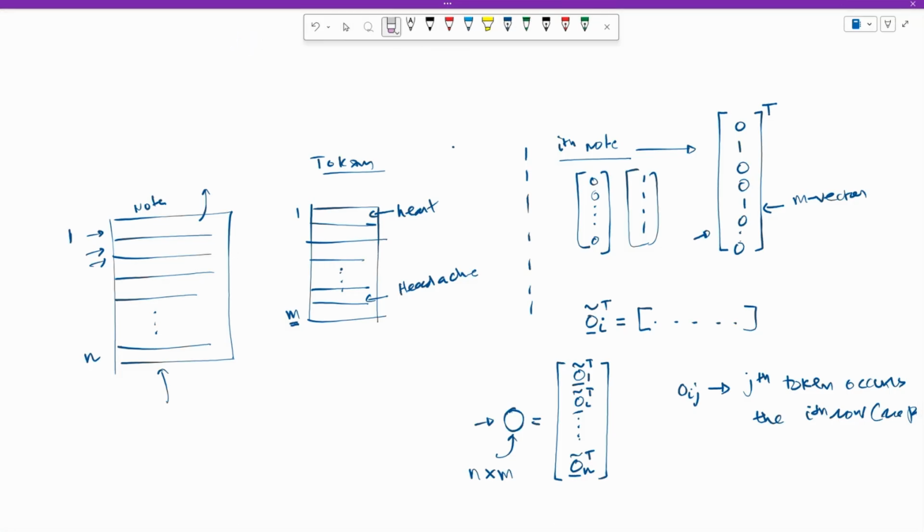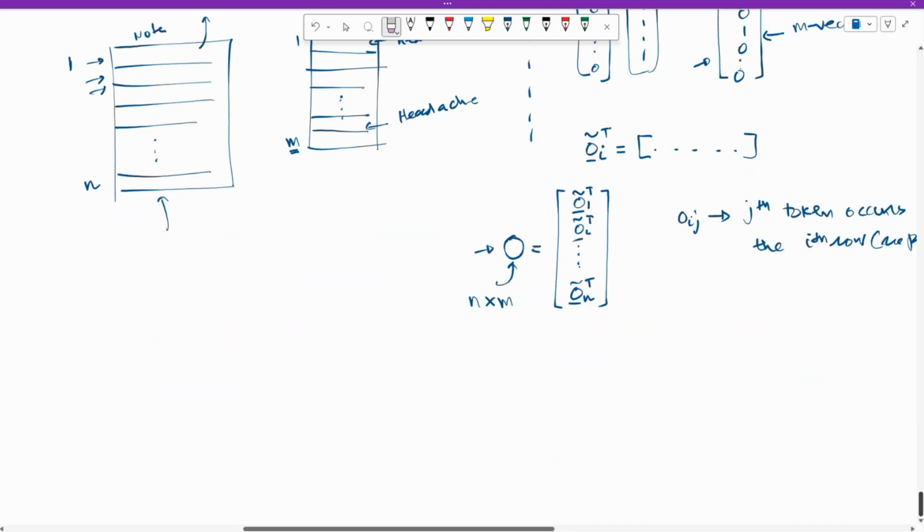I'm going to give different subscripts so that it's not confusing with Oij. I want to compute Ckl, which is essentially, do the lth and the kth token co-occur? If it's 0, that means they don't occur together. If it's a large positive number, it might mean they actually co-occur a lot.